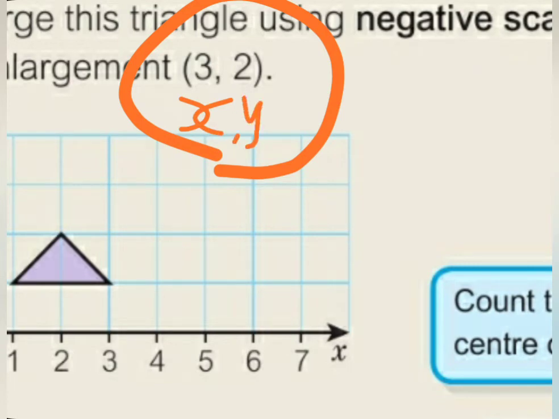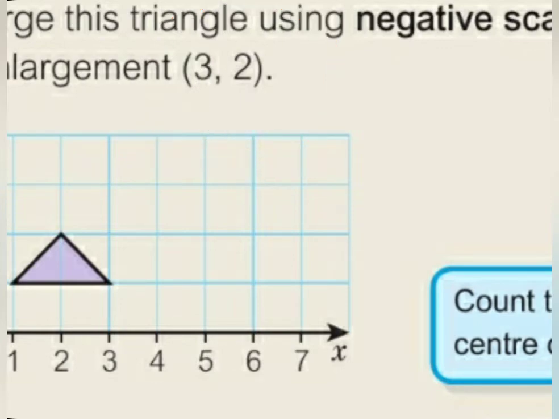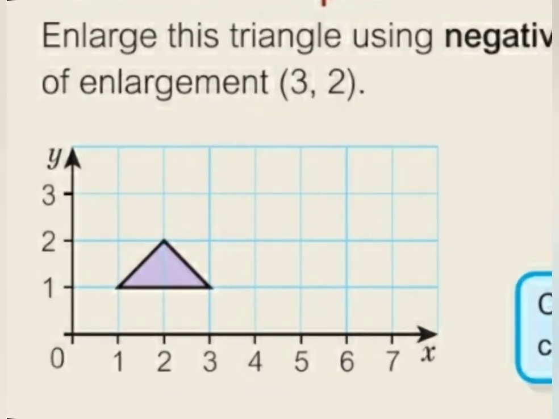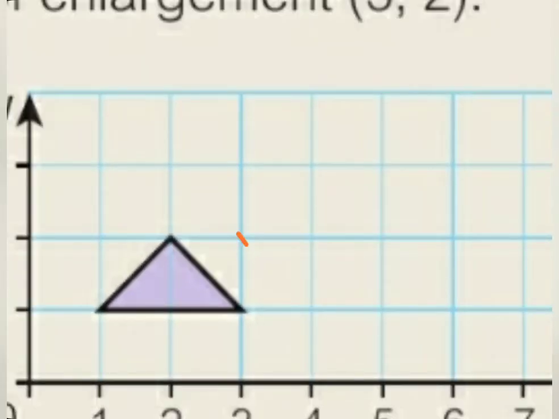Very good. Now, the first thing we do, we plot the center of enlargement. So we take the 3 and the 2, we plot it next to the shape. Now 3 is here and 2 is here and they meet here. So the point will be here.